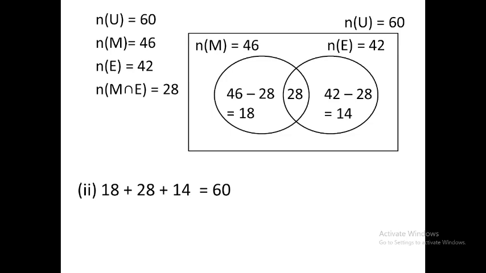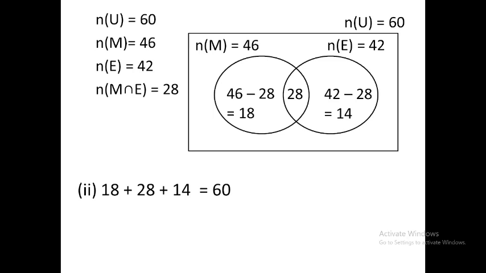I believe you understand. So if you are asked to find the number of students who passed in mathematics only, the answer will be 18. If you are asked to find the number of students who passed in English only, the answer will be 14.